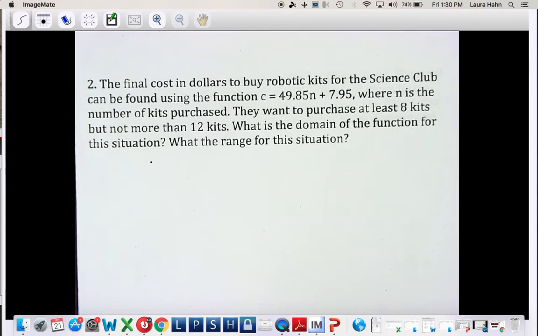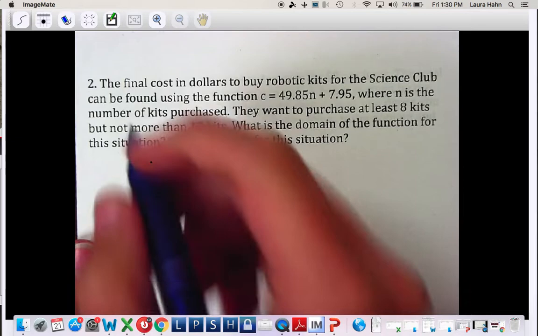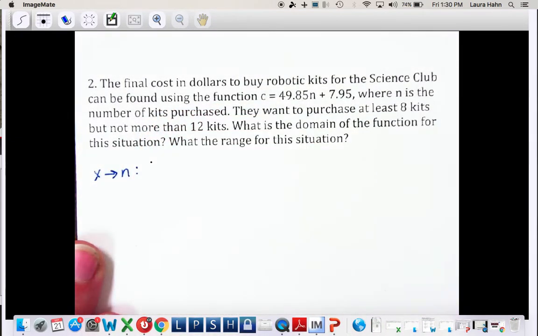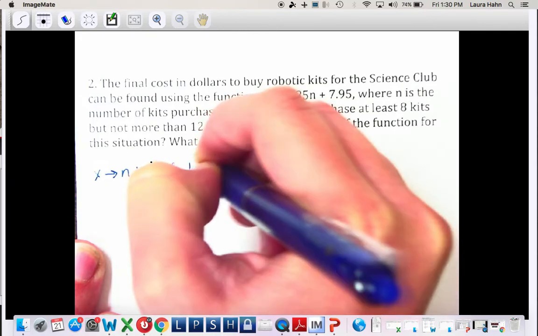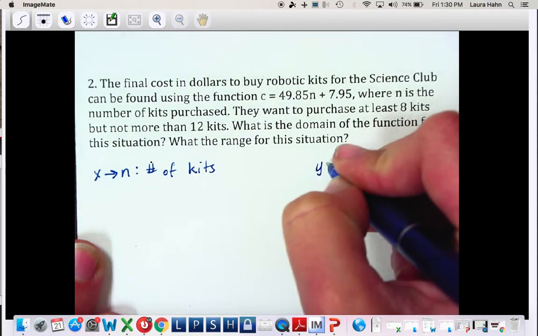Well, I know this is a discrete problem because they're buying kits and you can't get a part of a kit. Okay, so they don't use X and Y in this case. Instead of using an X, they used an N, and that's okay. And it tells me that N is the number of kits. They don't use a Y in this case.